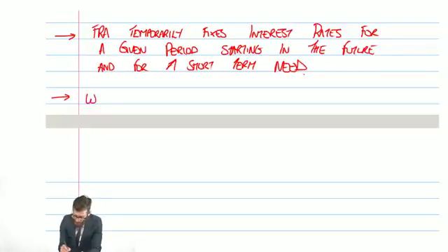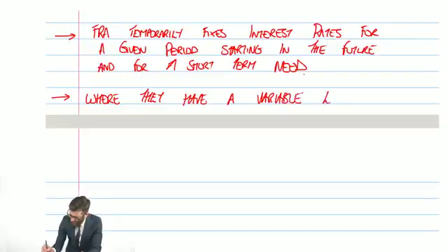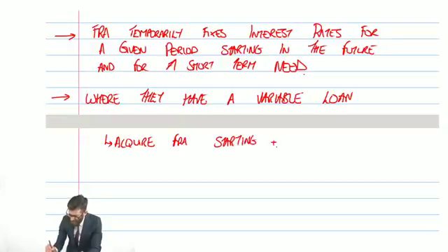How does a company use it? Well, where they have a variable loan, they acquire an FRA, starting and ending. I'll come back to that comment in a moment.